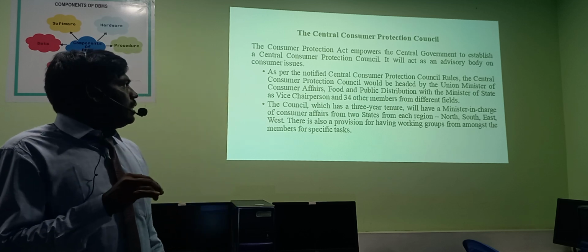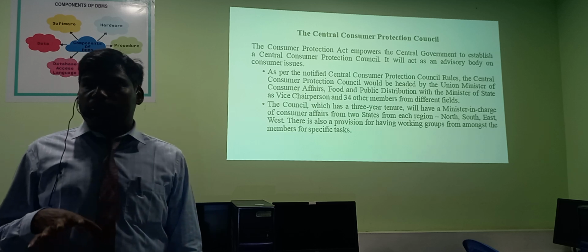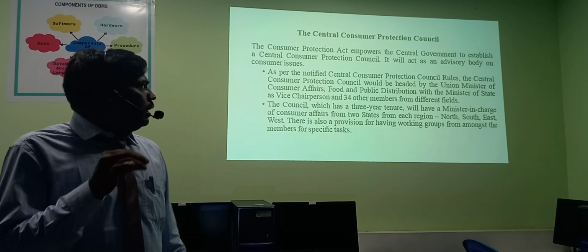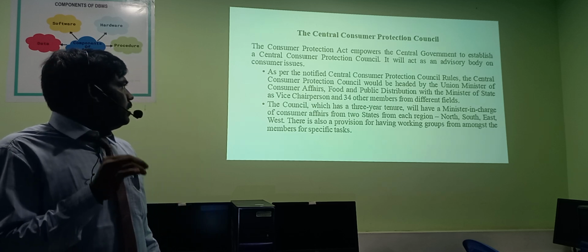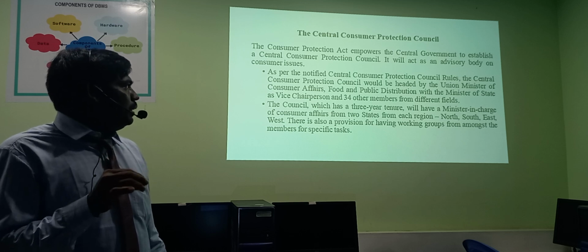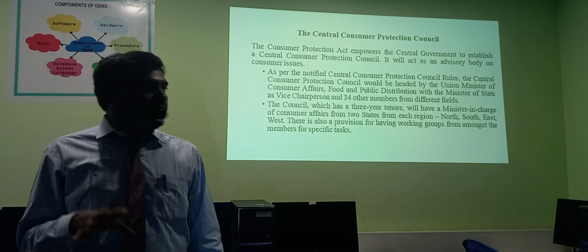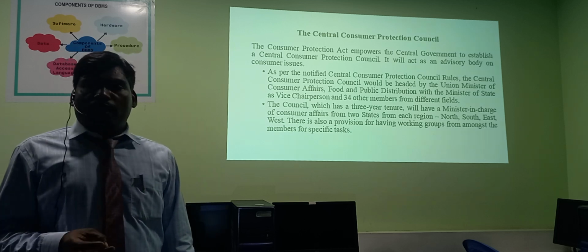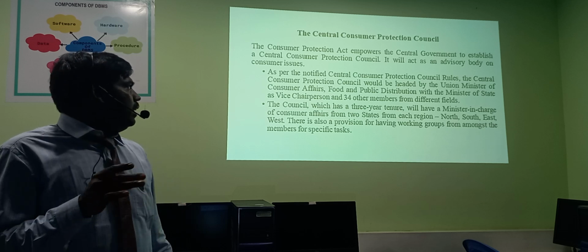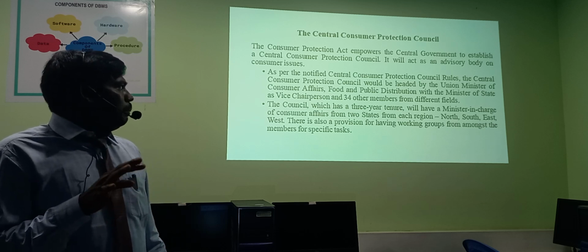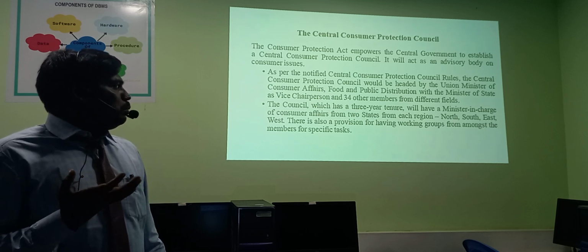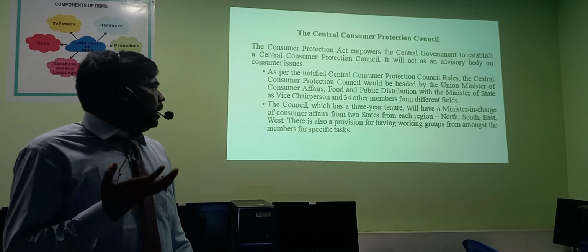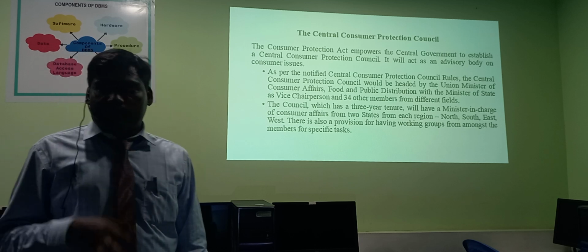The council has a 3-year tenure and will include the minister in charge of consumer affairs from 2 states from each region, that is north, south, east and west. There is also a provision for working groups of members for specific tasks.